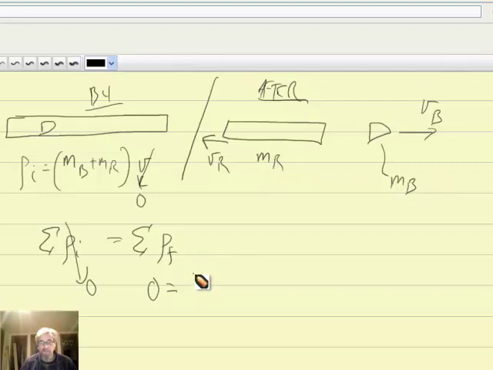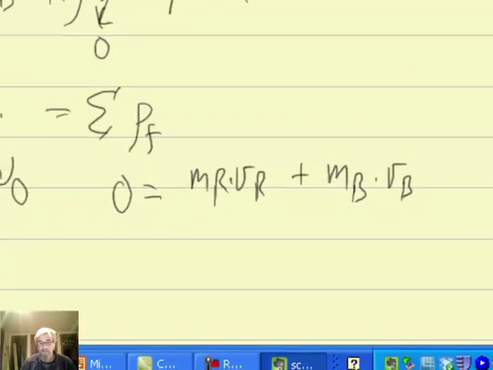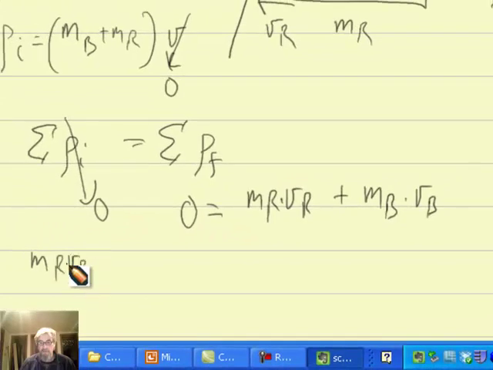The momentum of the rifle is mr times vr, and the momentum of the bullet is m bullet times v bullet. So what that means is mr times vr has to be equal to negative m bullet times v bullet.